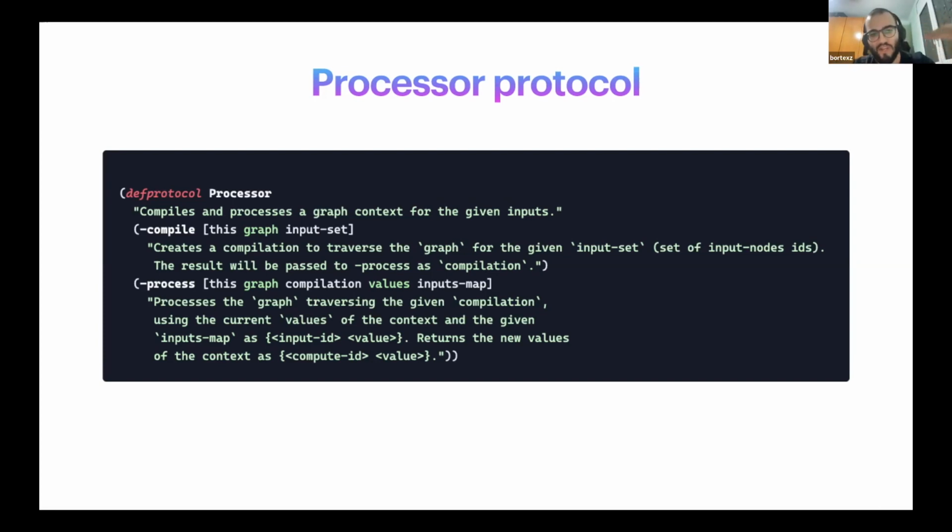So there's two functions, the compile and the process. And basically the process receives the compilation returned by compile. So compile is create a data structure to traverse the graph, starting from a specific input set, so a set of inputs, and that compilation will be used on process.